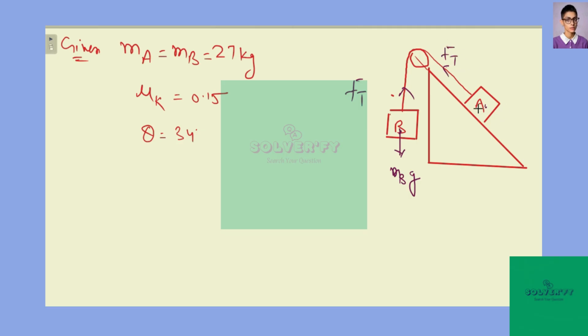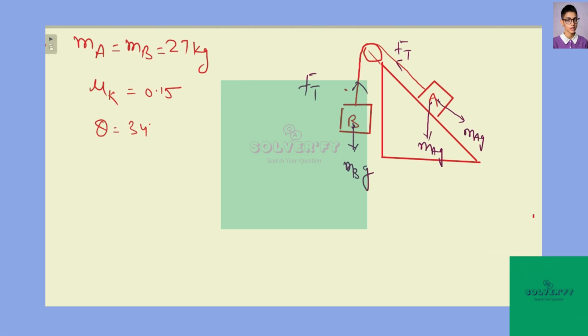One is the weight of block A, that is ma g, which acts vertically downward, and the component of this weight along the incline is ma g sine theta, and perpendicular to the incline it is ma g cos theta, and there is a normal force between the two surfaces.